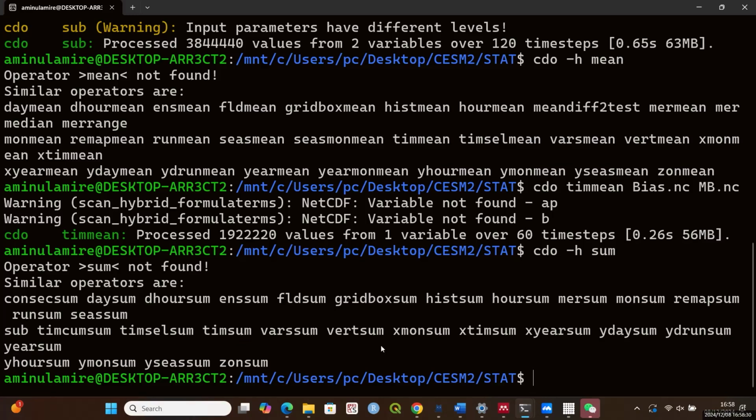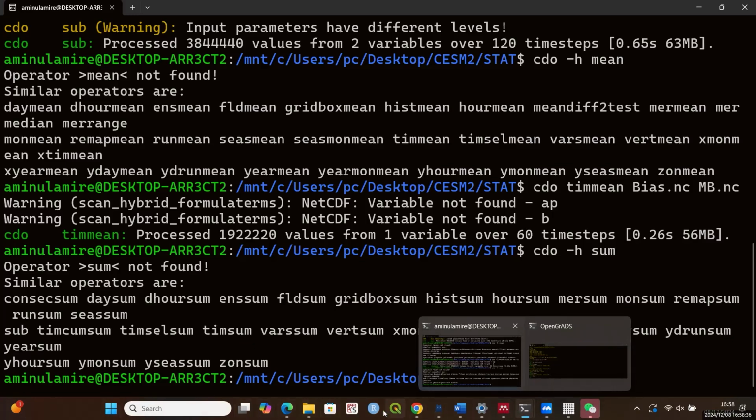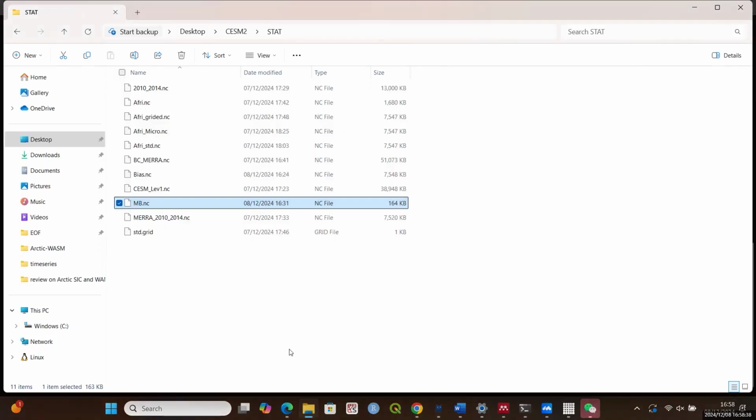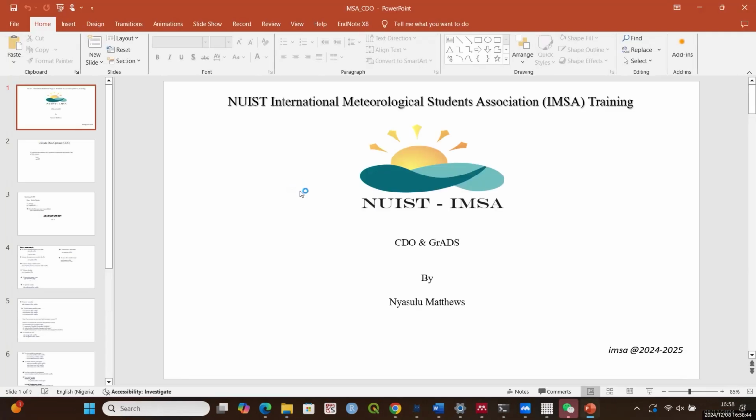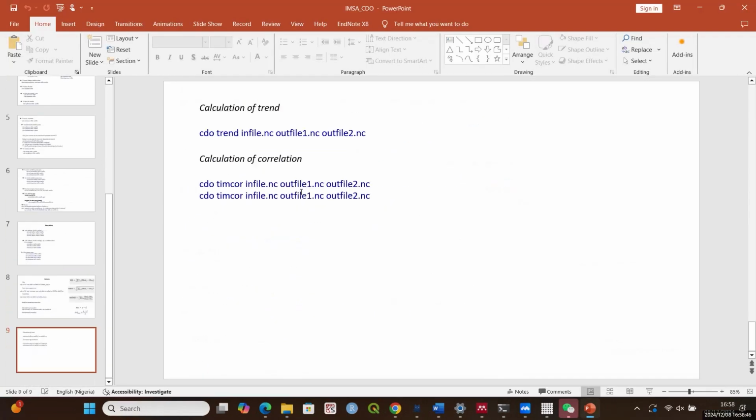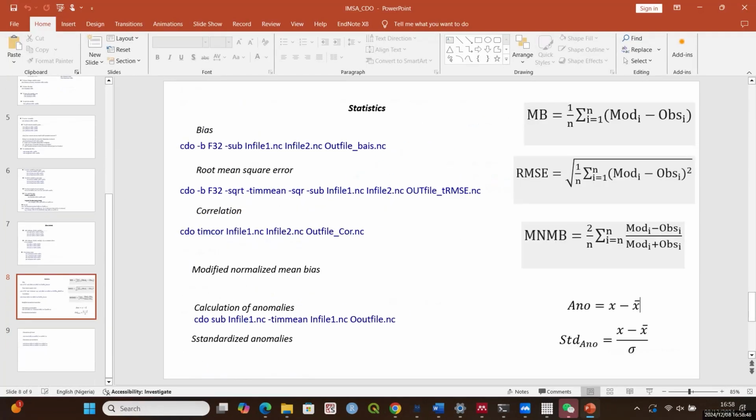Okay, so that's how we can calculate the bias. It is my hope that if we can calculate this one, this is the same as this one.